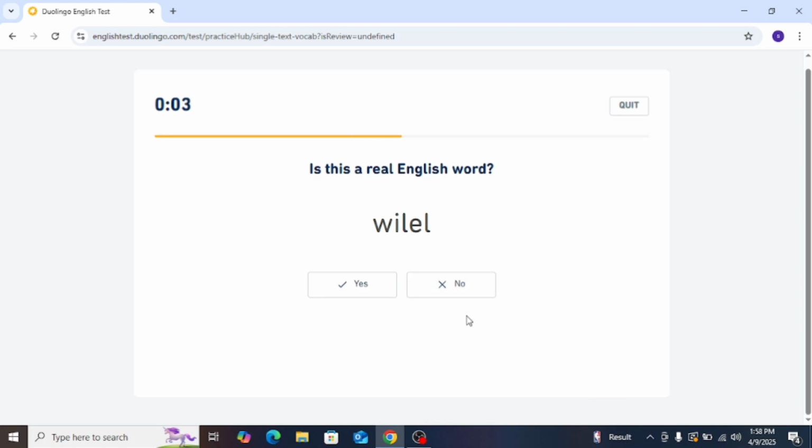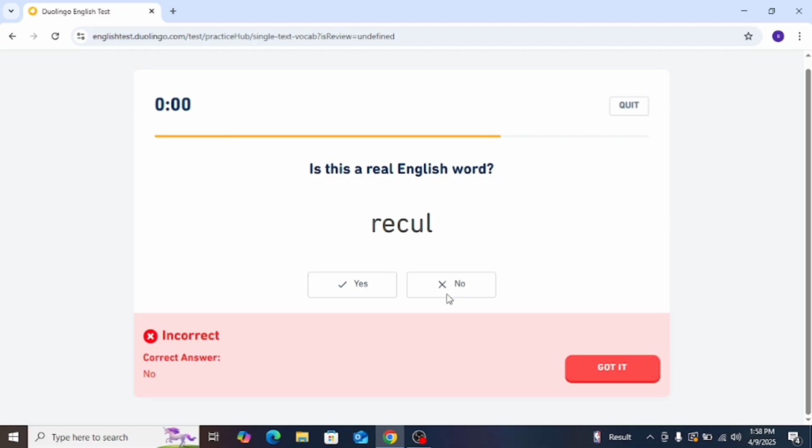Notate, color, no. Will, recall, no. The correct answer is no. While pronouncing, recall is a real English word, but the spelling in this word is incorrect.